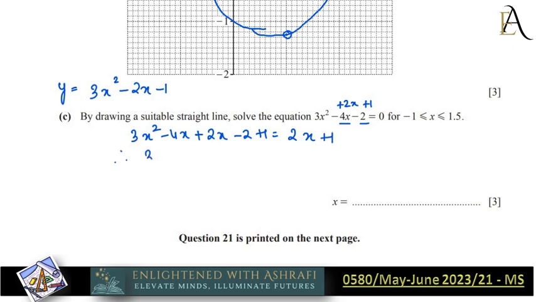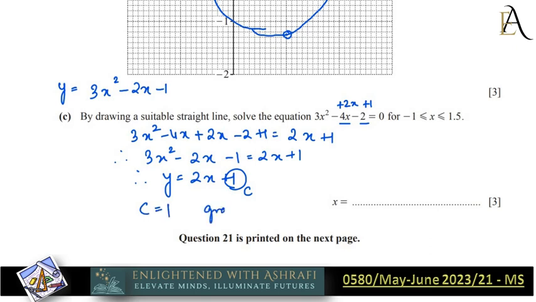Therefore we get 3x squared minus 2x minus 1 equals 2x plus 1. Therefore y equals 2x plus 1. This is your y-intercept c, so we get the value of c as 1 and the gradient over here is 2. Now let's plot the graph.